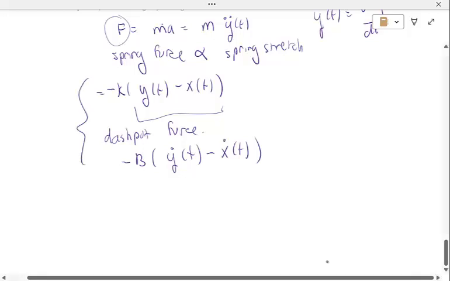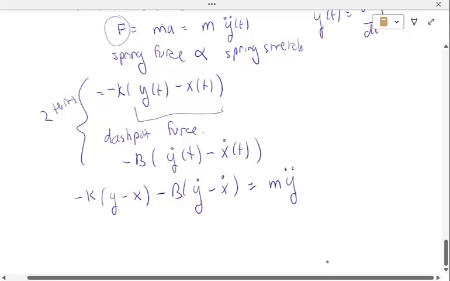So I have two terms of the force, and I'm just going to add them together. So I'm going to have minus k times y, I'll leave off the t's. Then I have minus b times y dot minus x dot is equal to m y double dot. Okay. So that's giving me my input, my y.